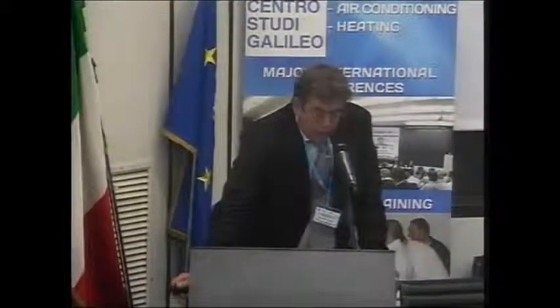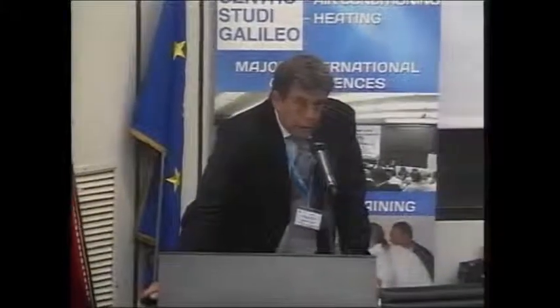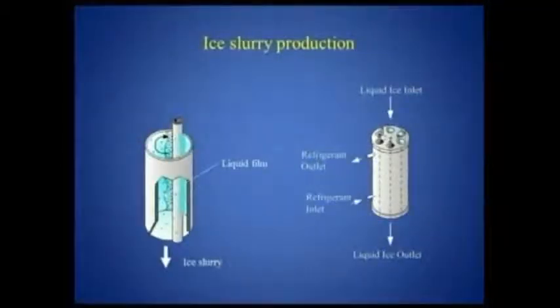I go on directly to the ice slurry production. We had a talk of Sergio Bobo, who was speaking of nanoparticles. These are particles of the diameter, a nanometer is 10 to minus 9 meters, very, very small particles. Then you also don't have so many sedimentation problems. But there are other fluids with larger particles, for example, ice slurries.